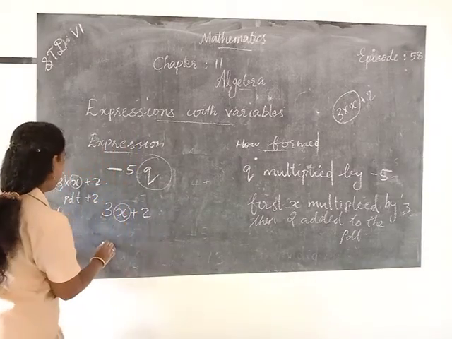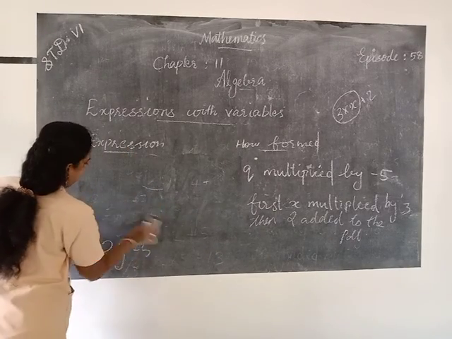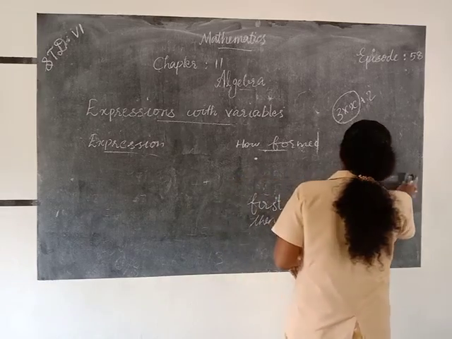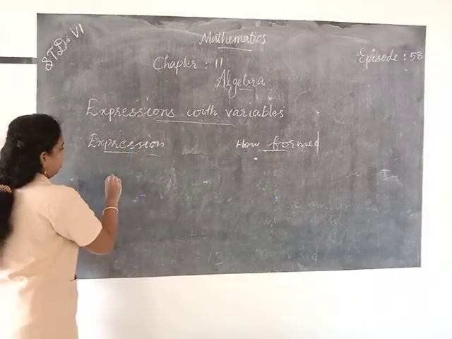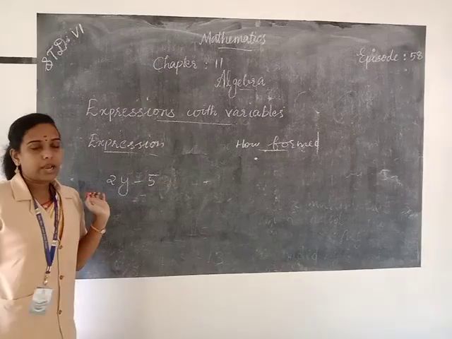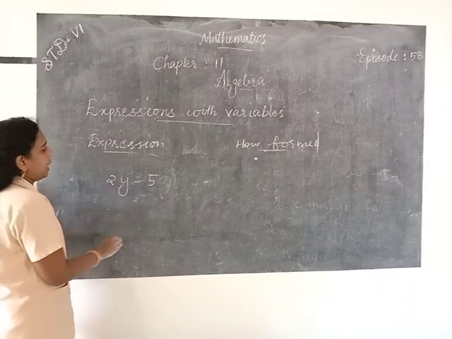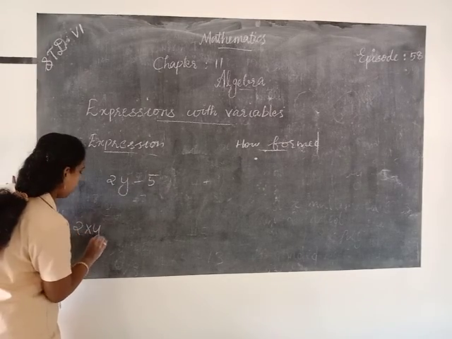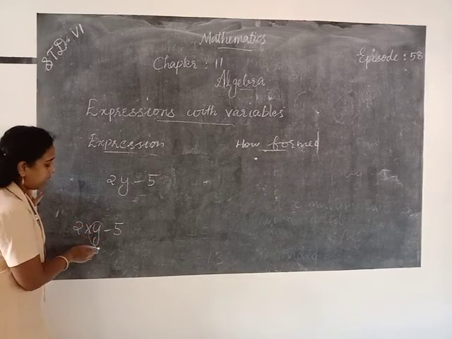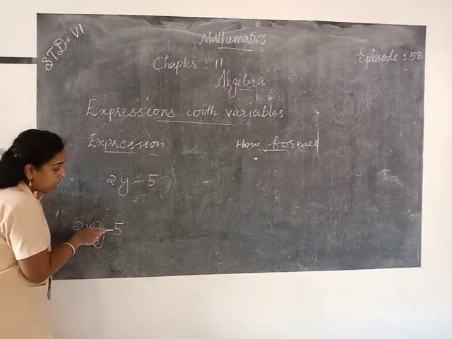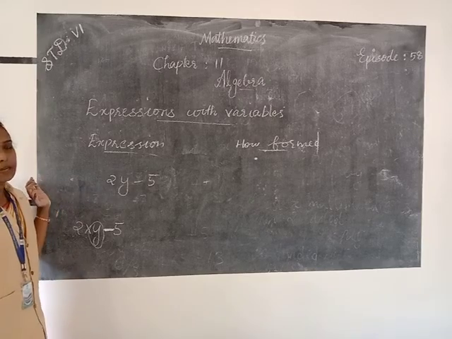Then the last one is 2y minus 5. The expression is in the form of 2 into y minus 5, which means first we multiply y by 2, then we subtract 5 from the product, then the expression is formed.